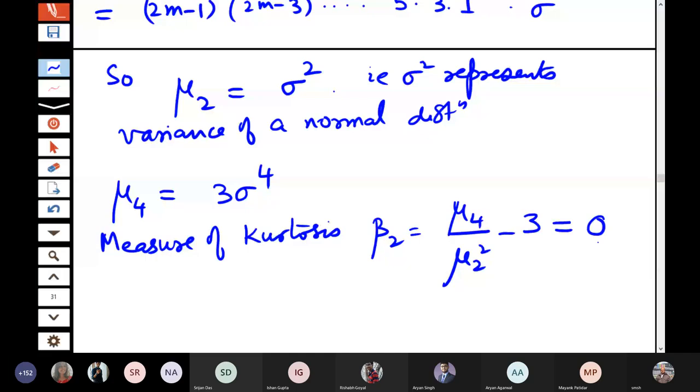So when I was telling you about kurtosis, we mentioned that there is a leptokurtic curve, then there is a platykurtic, and then there is a normal curve. So the normal curve actually refers to the curve of the normal distribution, and the kurtosis for the normal distribution is actually 0.